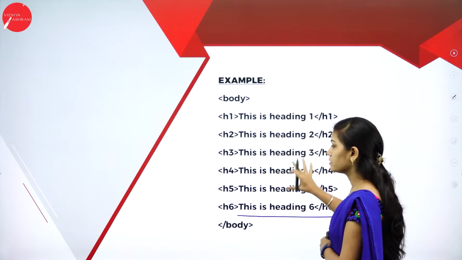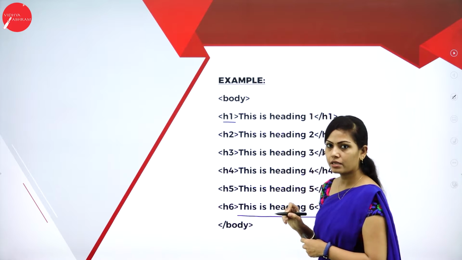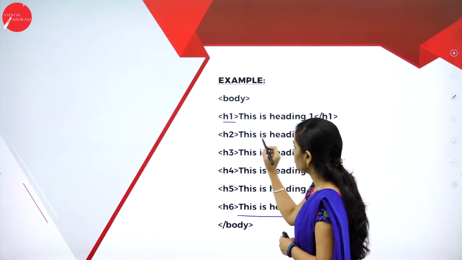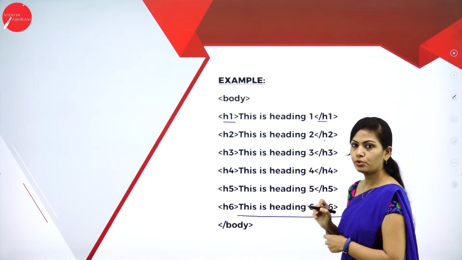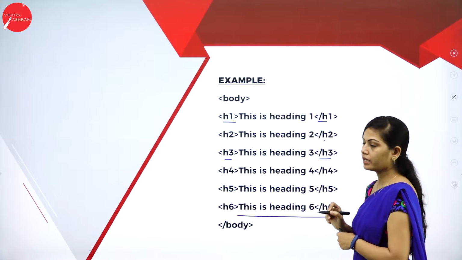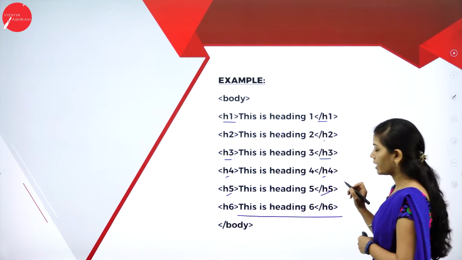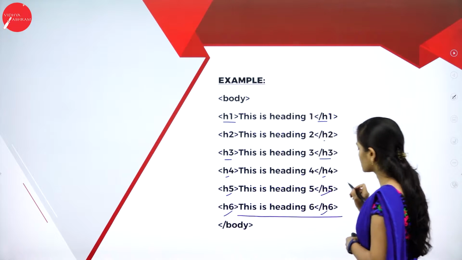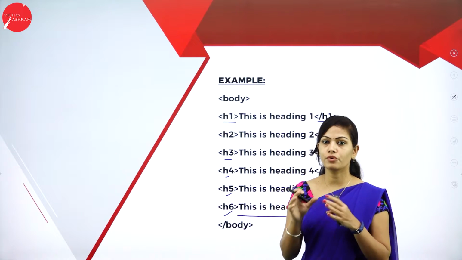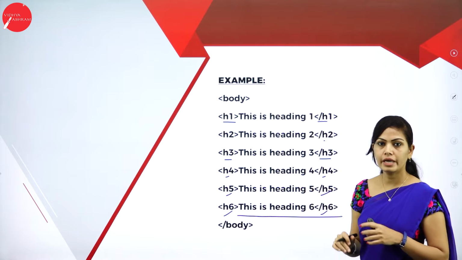Here I have opened the H1 tag and closed it with /H1, then H2 and closed H2 with /H2, then H3 and closed this H3 tag, then H4, H5 with /H5, and H6 with /H6. Like this you can give the headings for your contents.